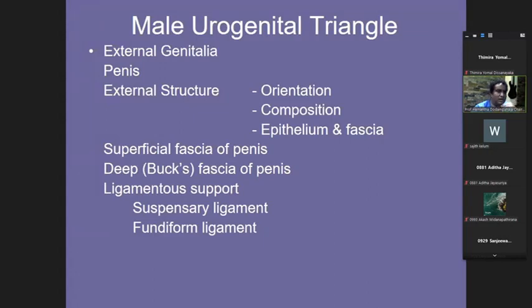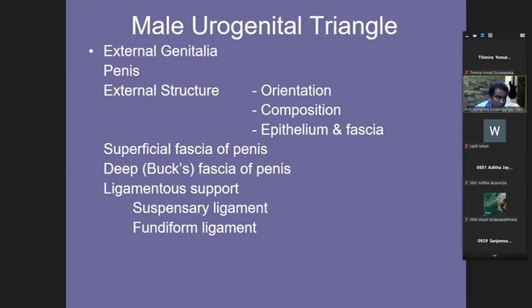And then male, as you know, it's a simple thing. Males have a penis compared to women, so the male urogenital triangle is different. It has external genitalia, penis and external structure, so it's a little different to women, but it's the same thing. Superficial fascia of the penis and then deep Buck's fascia of the penis and then the ligamentous support.